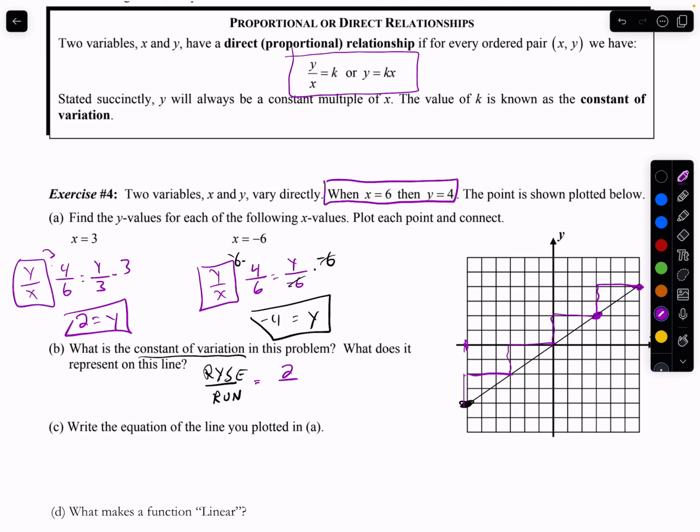So rise 2, run 3 represents the constant of variation, which means we can write y equals 2/3 of x. Okay, so what is the equation of the line? It's just exactly that, y equals 2/3 x, and there's no y-intercept, or the y-intercept is 0, so you could write plus 0 if you want.